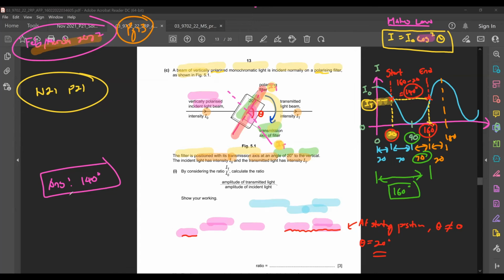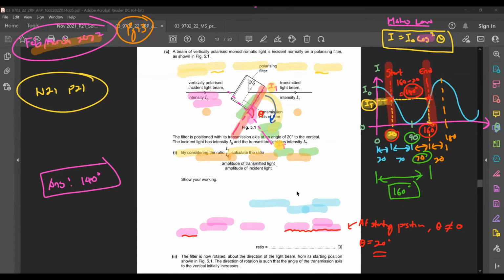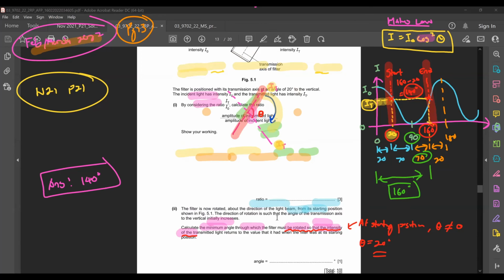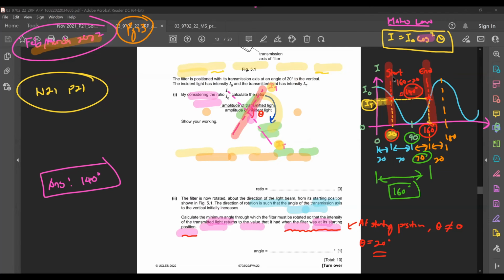So that's why the answer was 140 degrees, because your starting position is measured not from the vertical, but from the 20 degree angle. Then you measure up to the 160 degree angle. The angle you have turned is actually 140. Okay, so it's really a matter of realizing that your starting position is not from the vertical, it's not from the 0 degrees, instead it's from the 20 degree angle.